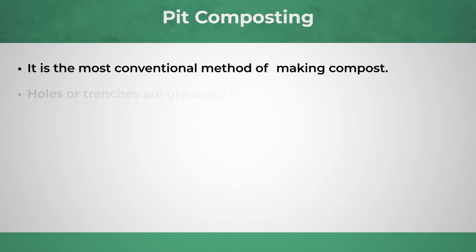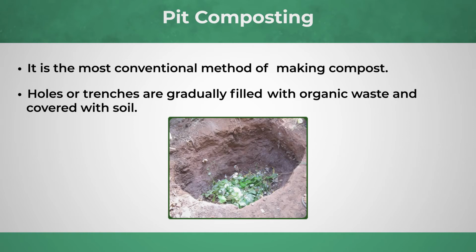For this, holes or trenches are dug, gradually filled with organic waste and covered with soil. Naturally occurring microorganisms will then degrade the waste into organic matter and transform it into compost over a period of 2 to 3 months.